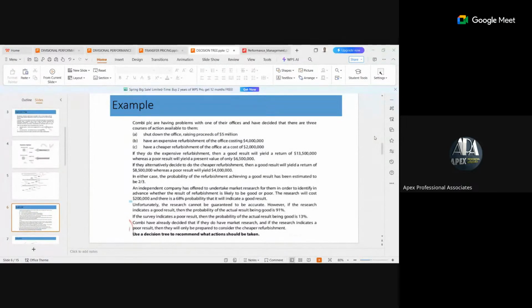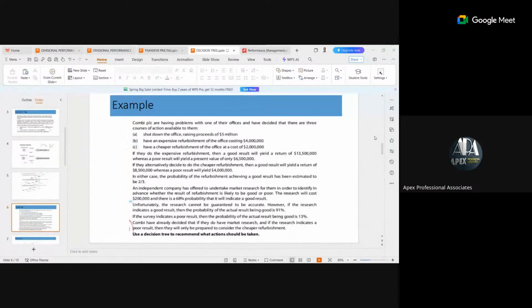It's clearly in the question that if they do expensive refurbishment, then a good result will yield a return of what? 13.5. Whereas a poor result will yield a return of what? 6.5. So on every choice, there is an expected return. When it is good, it is 13.5 million.